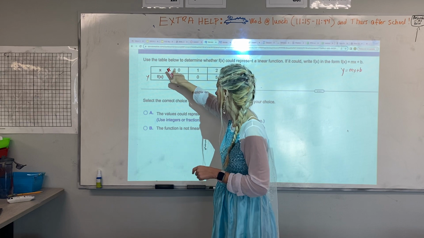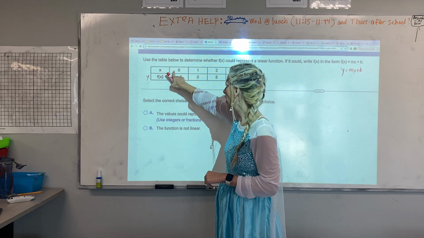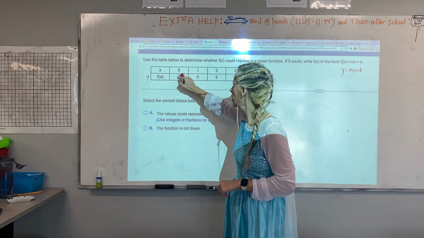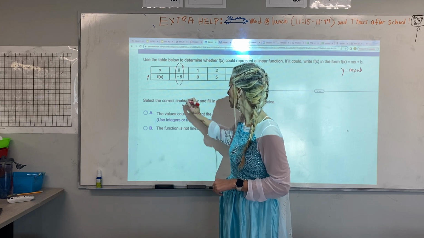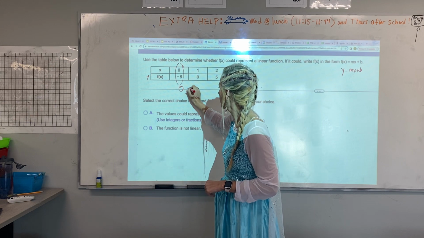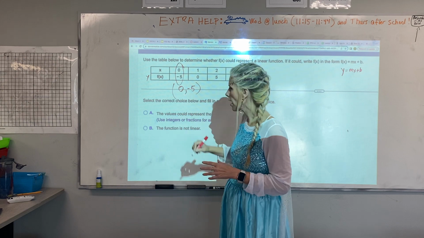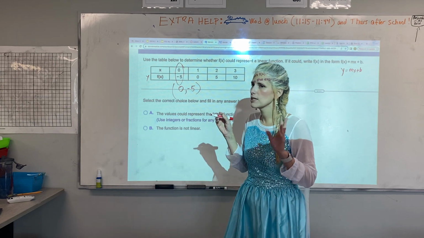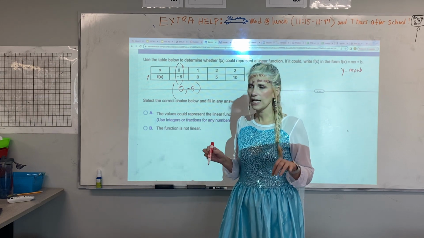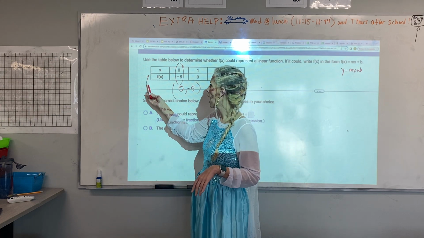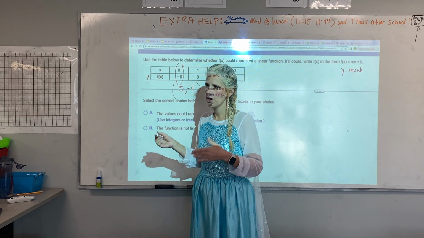So this is an x value, this is a y value. This is a coordinate pair, 0, -5, on a graph. But it's just using the fancy function notation, taking y and calling it f of x.